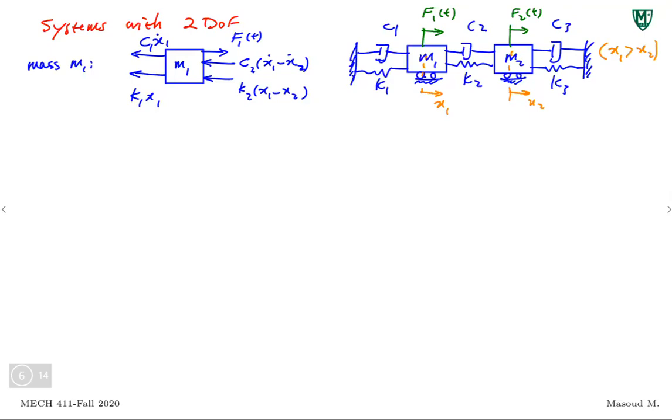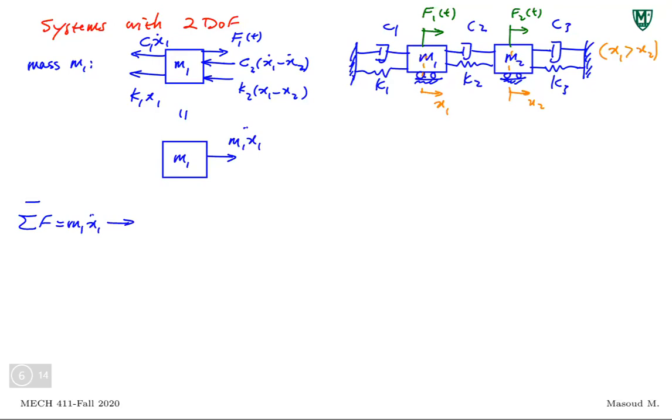Now that's pretty much all you need to have on your free body diagram. Then on your kinetic diagram, you will just get M1, and it's going this way, so that would be M1 X1 double dot. Pretty much that's the acceleration of your mass. Now we can write the equation of motion. Summation of forces would be M1 X1 double dot. We're just looking at this specific mass.